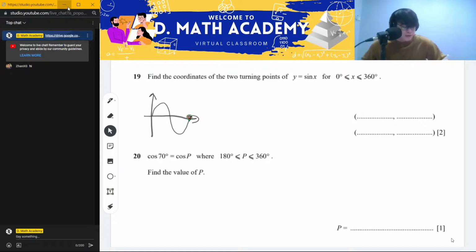This is the period of it. Because there's no amplitude or vertical translation, they didn't put this in as part of your syllabus, so you don't have to worry about it. If it's just y equals sine x, the normal equation here, your highest point will be at 1 and your lowest point will be at -1.